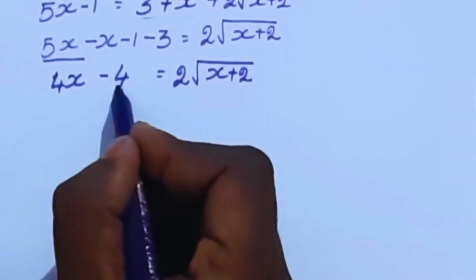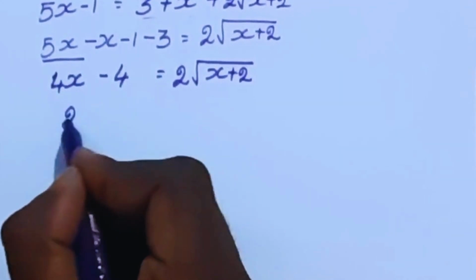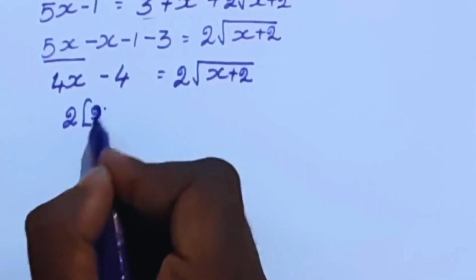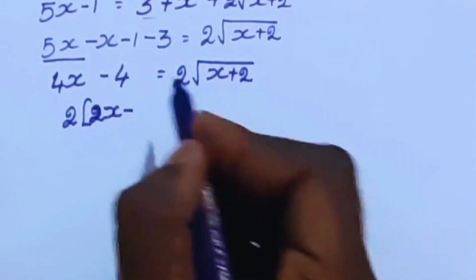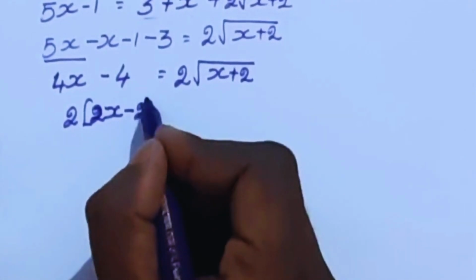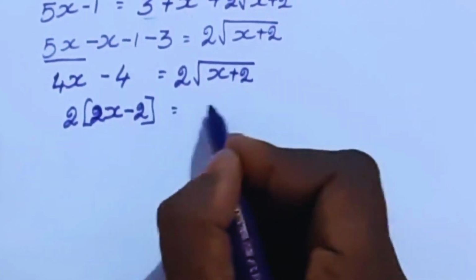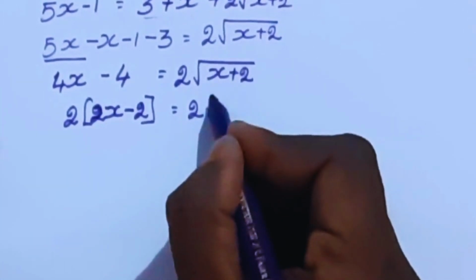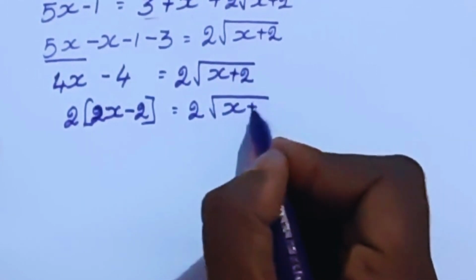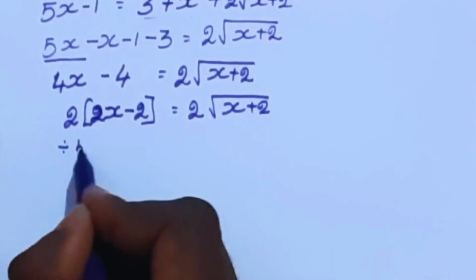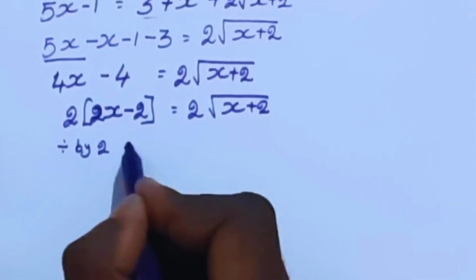Now we are going to take 2 common from this, so 2 open bracket 2x minus 2 close bracket equal to 2 square root of x plus 2. Now divide by 2 on both sides.